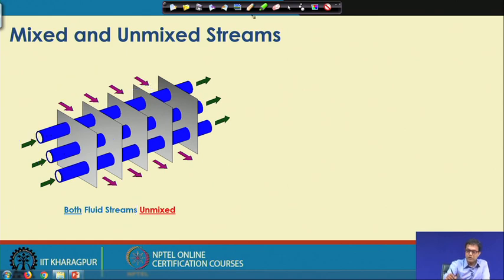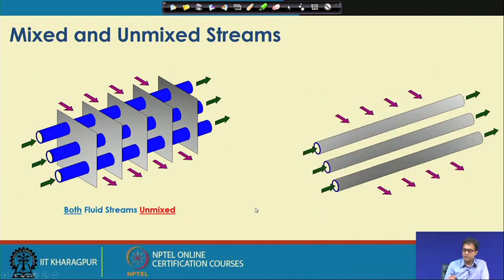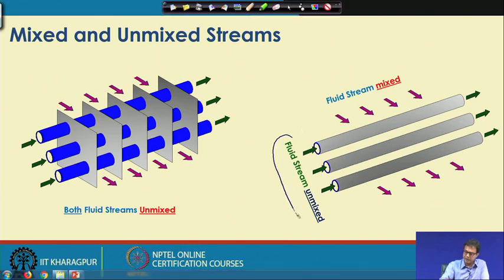Now, in contrast to this, if we consider this configuration, you will find that this fluid stream remains unmixed because they are not able to mix with each other, whereas here we have now removed the fins. So, there is a possibility that this fluid stream after passing through this one will be mixing up.